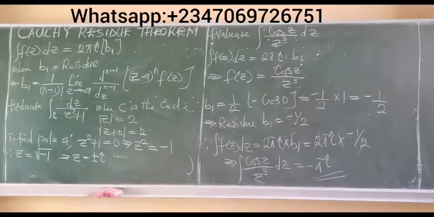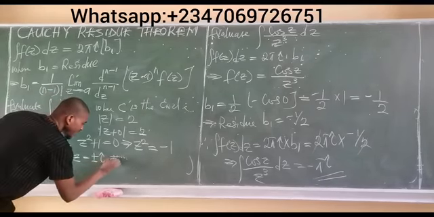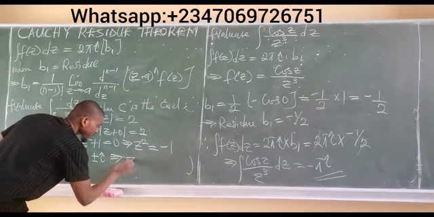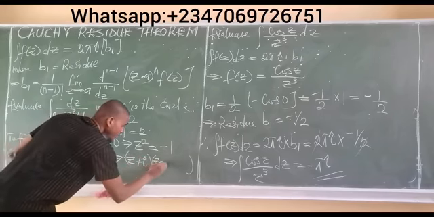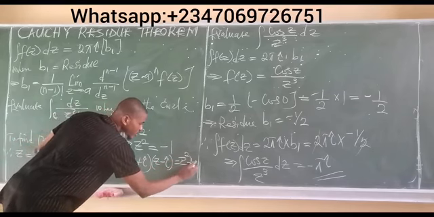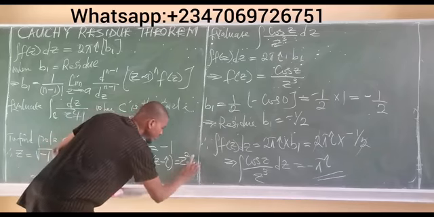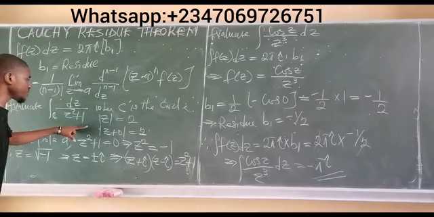Now, how do we factorize the denominator? You have that z is equal to plus or minus i. This simply means that z plus i multiplied by z minus i will simply give us z squared plus 1, which is the denominator.